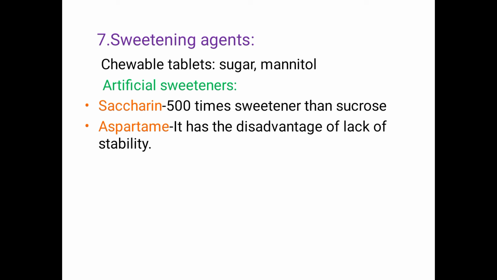Next one is sweetening agents. In chewable tablets, we can add sugar and mannitol in the tablet formulation. Because of the good taste, we can add sugar and mannitol in chewable tablets. Artificial sweeteners are very important from the examination point of view.